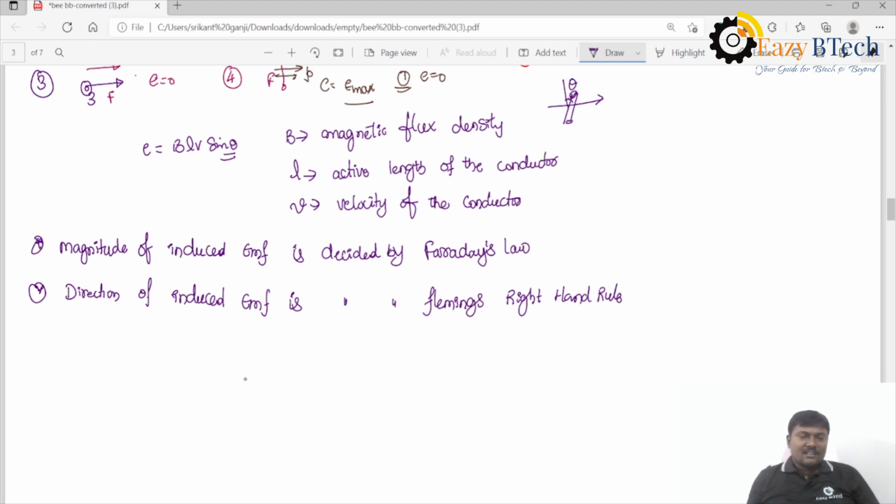Stretch the three fingers, one perpendicular to another. The thumb indicates the motion of the conductor, the forefinger represents the direction of the magnetic field, and the middle finger represents the direction of the induced EMF.